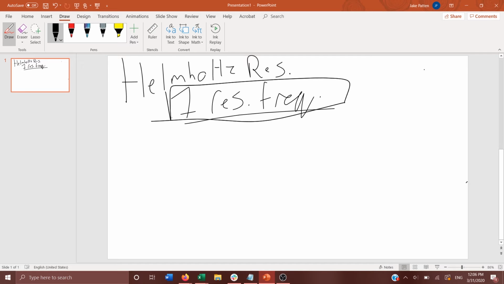That's important because if you were going to look at a plot of a Helmholtz resonator, it'd look like this. This is where its resonant frequency is. That's it.